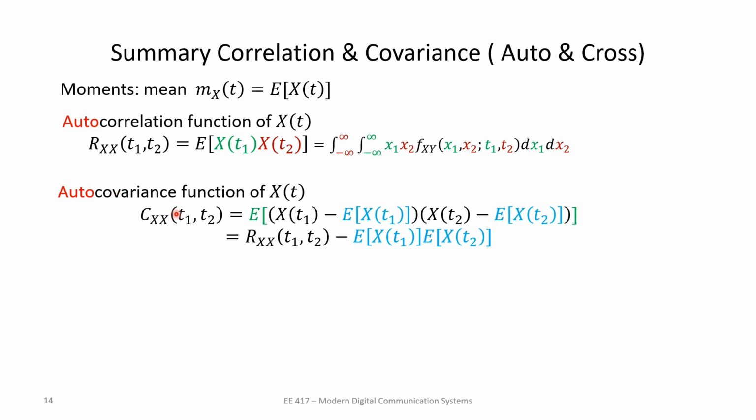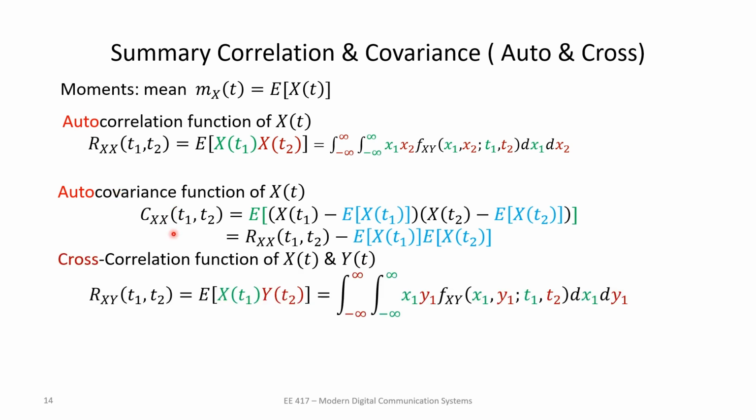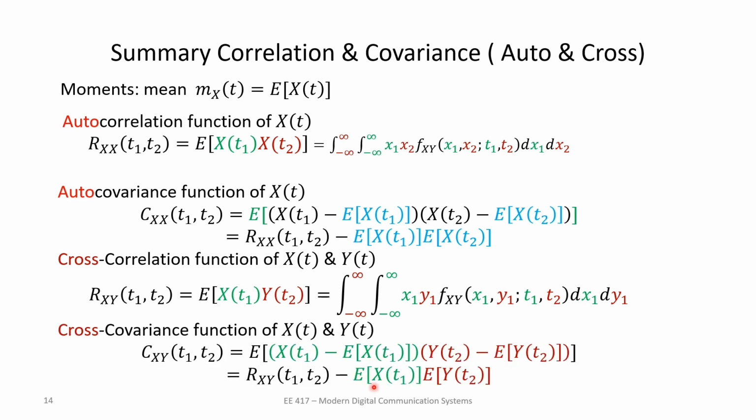So this is R, this is C. Then we have the cross correlation. And we have the cross covariance. The covariance means we're going to subtract the means. We can simplify things as we have here. And this is just a quick summary or recall of what we had before. So if you want the details, you can go back to our slow videos on random processes, stochastic and random processes for electrical engineers or for engineers in general.